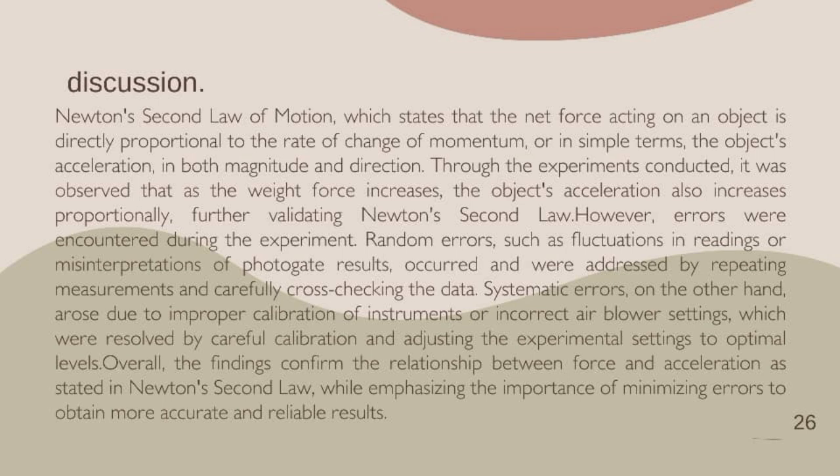Systematic error, on the other hand, arose due to improper calibration of instrument or incorrect blower setting, which were resolved by careful calibration and adjusting the experimental settings to optimal level. Overall, the findings confirmed the relationship between force and acceleration, as stated in Newton's second law, while emphasizing the importance of minimizing error to obtain more accurate and reliable results.